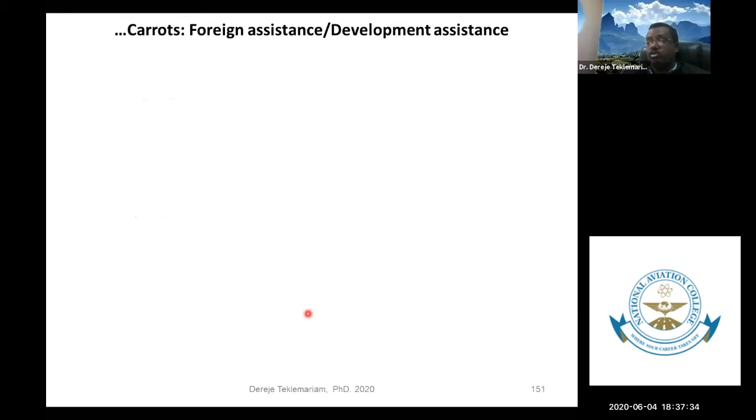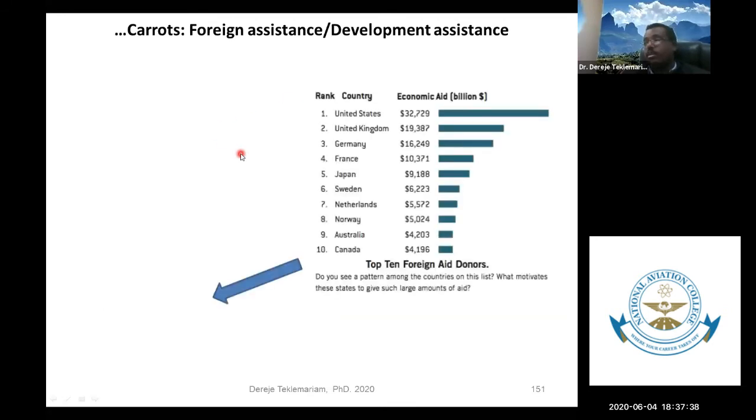Still on foreign assistance, if you look at the data, you can see the top 10 foreign aid donors, maybe for your curiosity. You can see the rank here, the first rank, and the country here. They communicate not in millions but in billions.